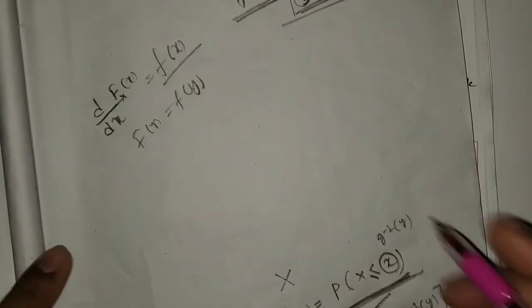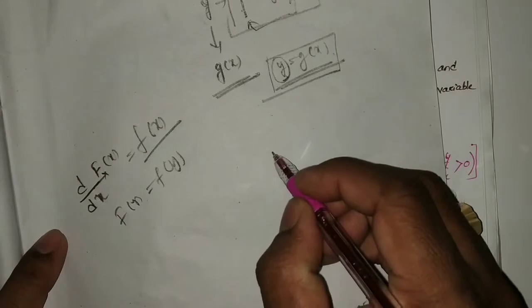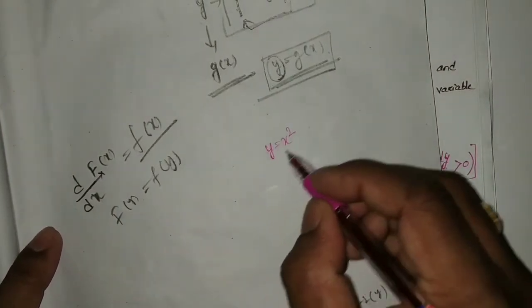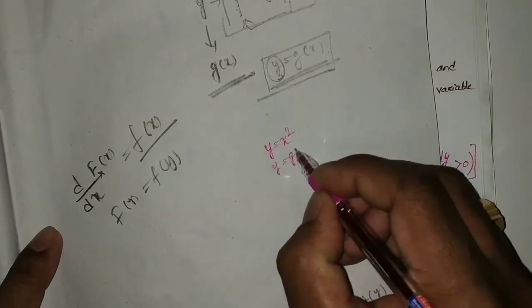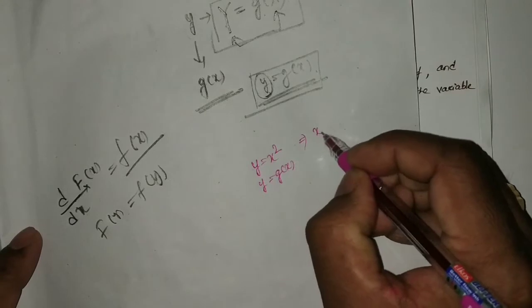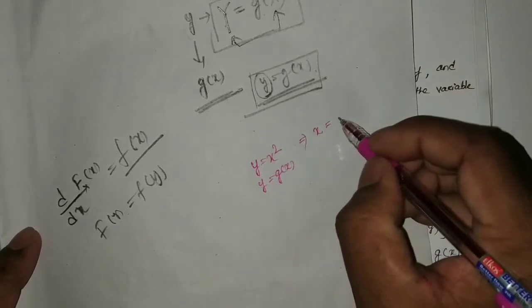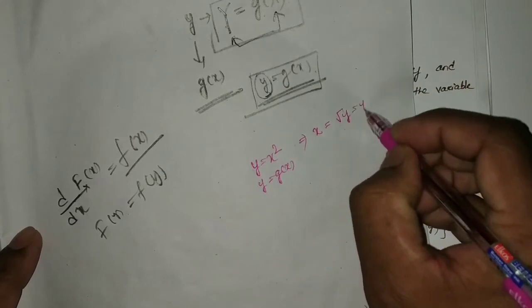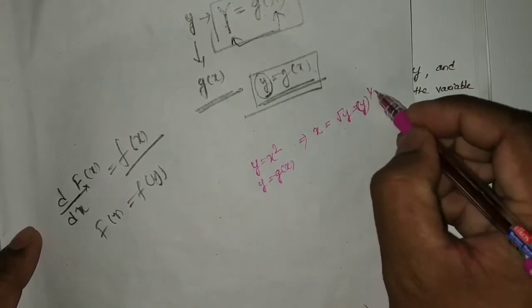Suppose we consider a function like y equal to x square, or we can write y equal to g(x). That implies x is nothing but root over y, or y to the power 1 by 2.